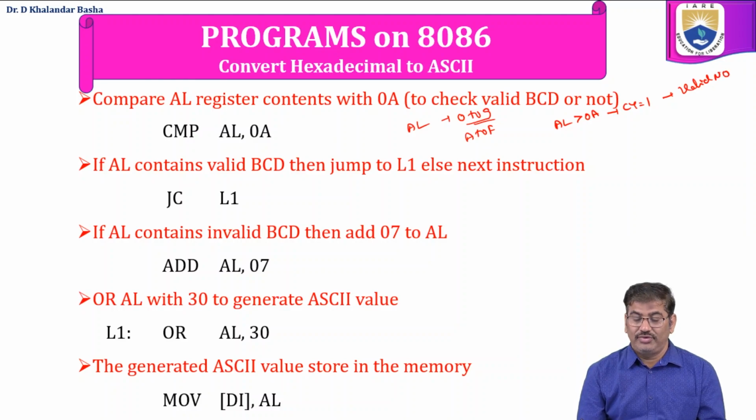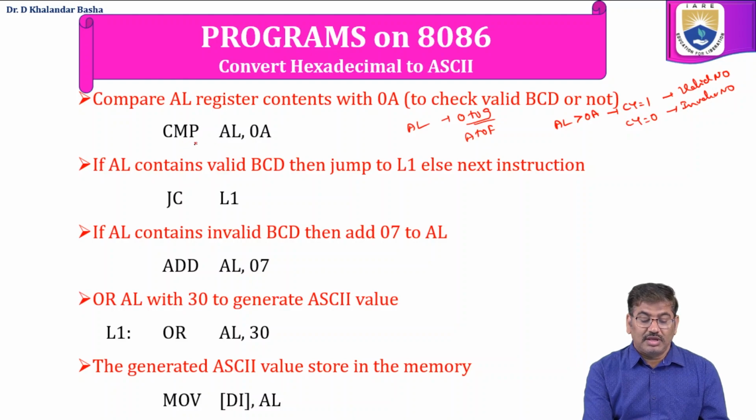We can skip it and convert that one into an ASCII number. Suppose this number is greater than 9, then the carry flag is equal to 0. When the carry flag is 0, it indicates it is an invalid number, and we go for converting this number by adding 6 to it.